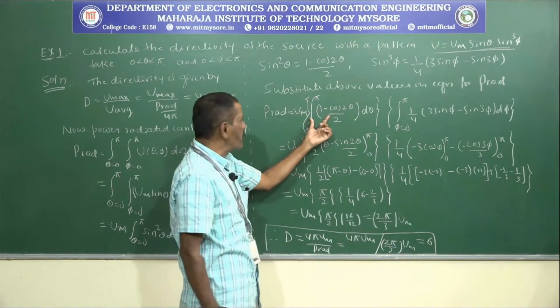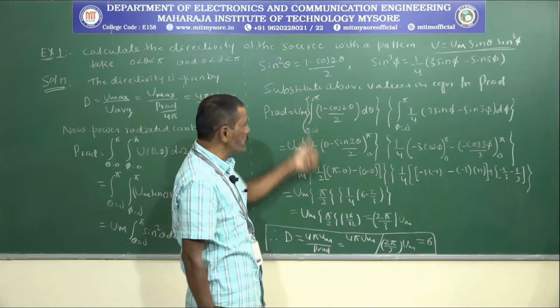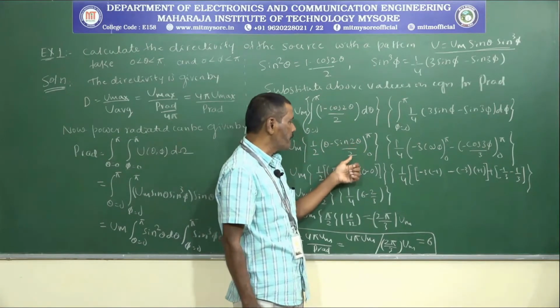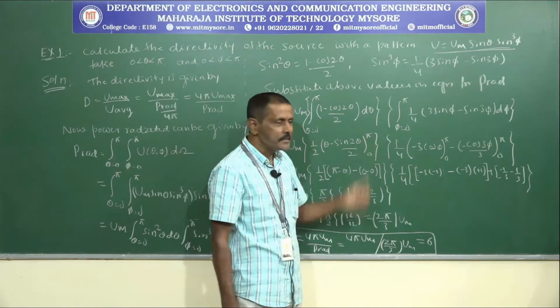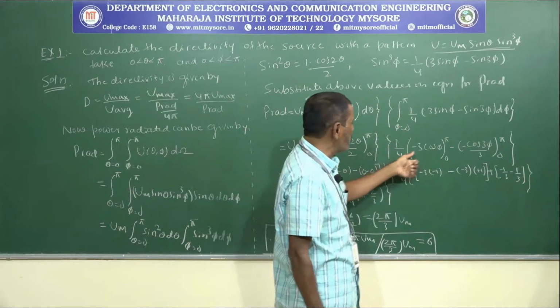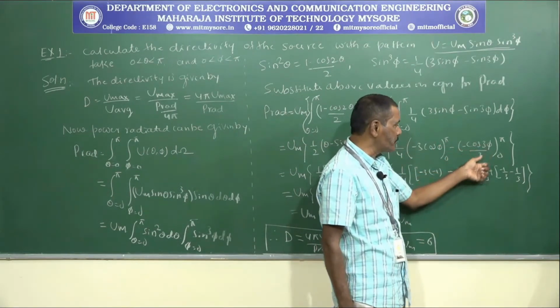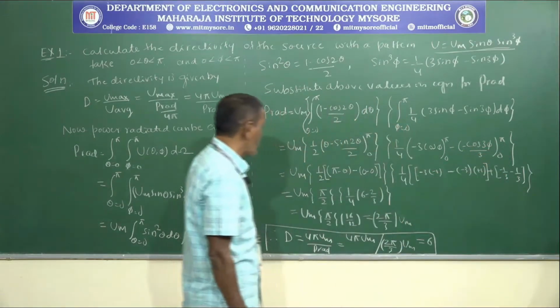The integration of this term from theta equal to 0 to pi, we are going to get 1 by 2 (theta minus sin 2 theta divided by 2), with limits 0 to pi. And similarly here, 1 by 4 (minus 3 cos phi from 0 to pi, and minus of cos 3 phi divided by 3 from 0 to pi).